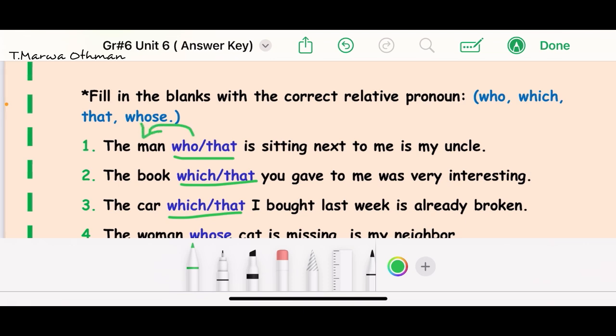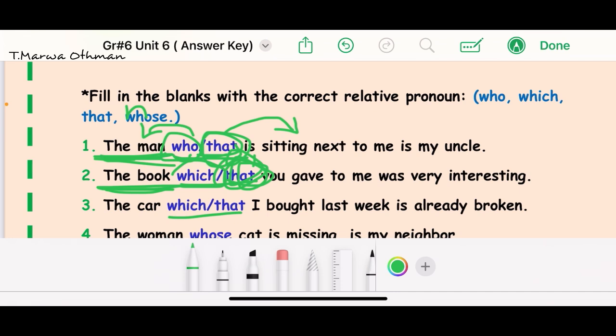We have the man, and don't forget, if you have a noun here or a name of people, you have to look also after the blank. So before we have a man, we have to use who or that because we're talking about people. Look at here, it's a thing, so for that reason we used which or that. We said that we can use that either with people or with things, okay?